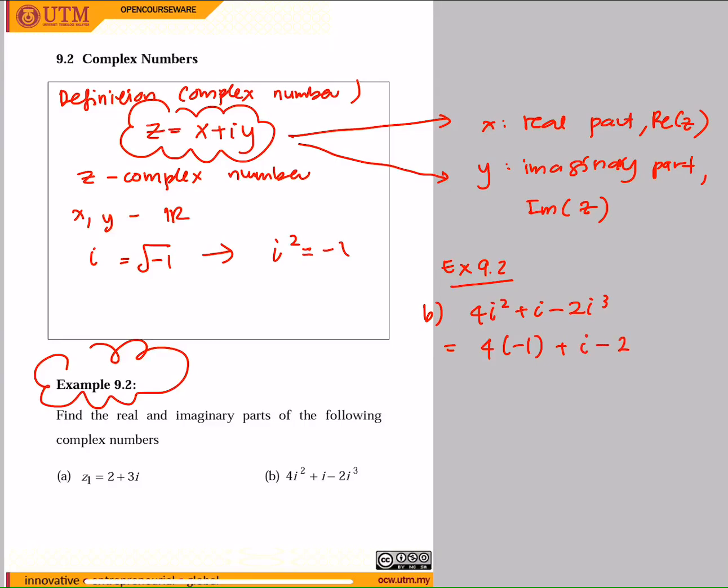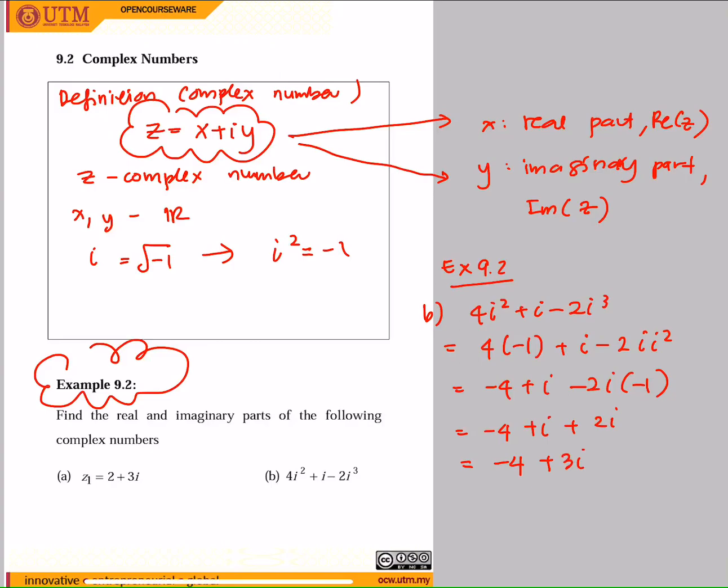So i cubed. What is i cubed? i cubed is i squared times i, so it is minus i. So we have minus 4 plus i minus 2 times minus i, which is plus 2i. We reduce until we obtain minus 4 plus 3i.